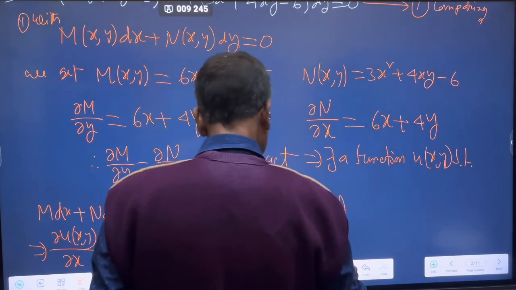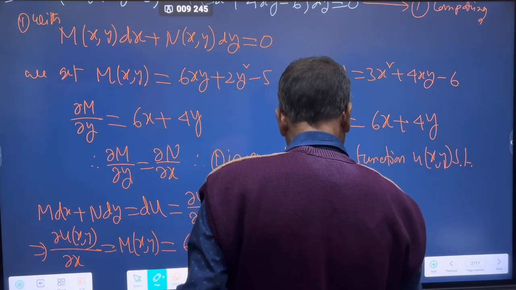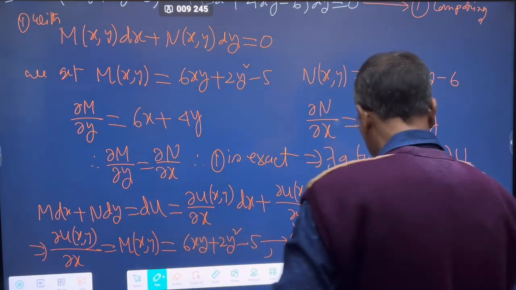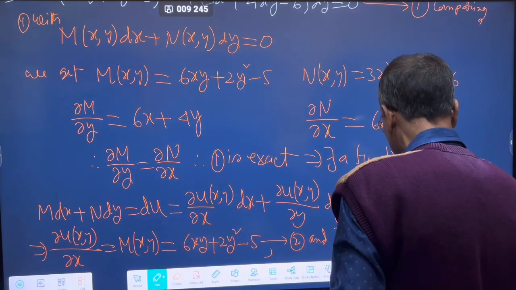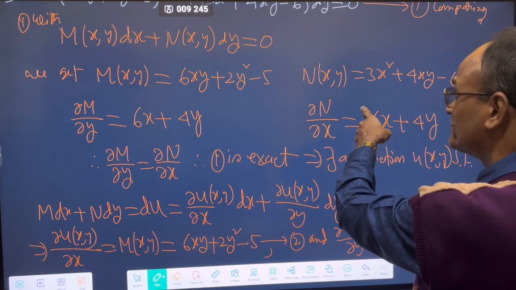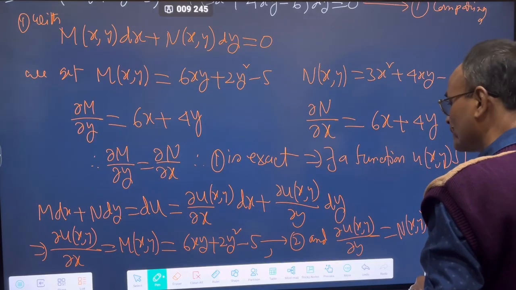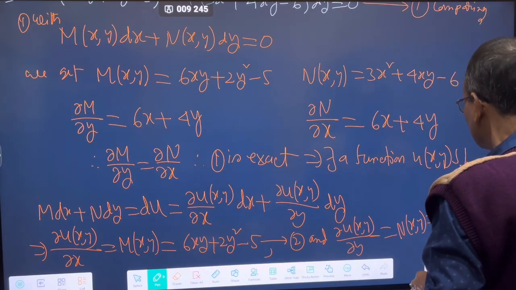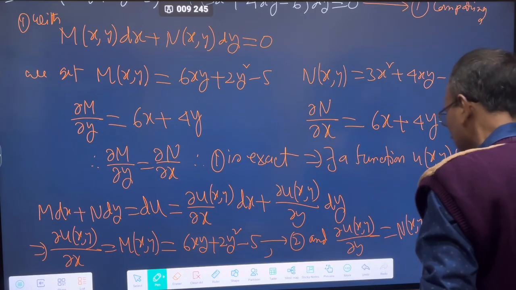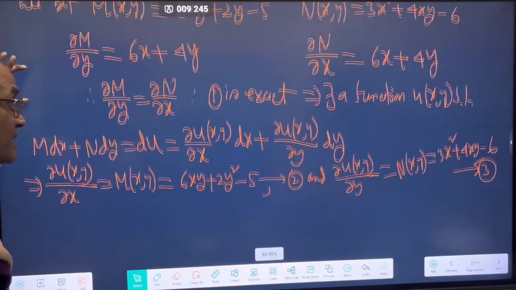And del u by del y equals N, which is 3x square plus 4xy minus 6. Suppose this is number 3. This is 2 and this is 3.